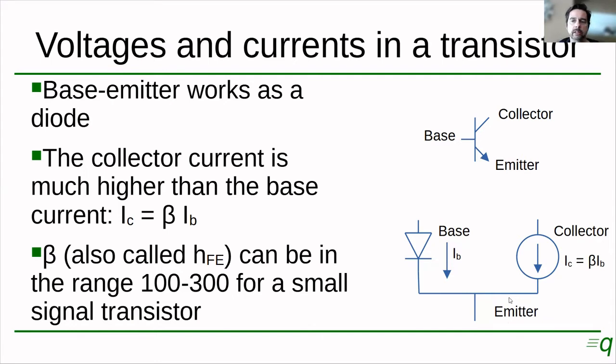Because the base current is so little compared to the collector current, we normally consider the emitter current being the same as the collector current. So approximately, the base current is going to be 1 milliamp, the collector current is going to be 100 milliamps, and the emitter current is going to be also about 100 milliamps, okay? This is a simplification that allows us to make calculations simpler without introducing too much error, okay?